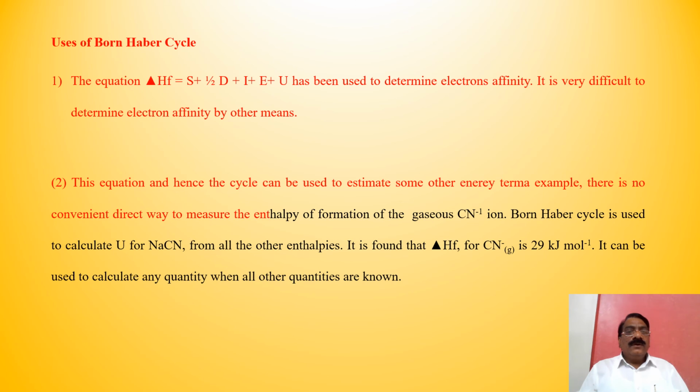There is no convenient direct way to measure the enthalpy of formation of gaseous CN minus ions. The Born-Haber cycle is useful to calculate the U for NaCN from all the other enthalpies. It is found that the ΔHf for gaseous CN minus is 29 kilojoule per mole. It can be used to calculate any quantity when all other quantities are known.